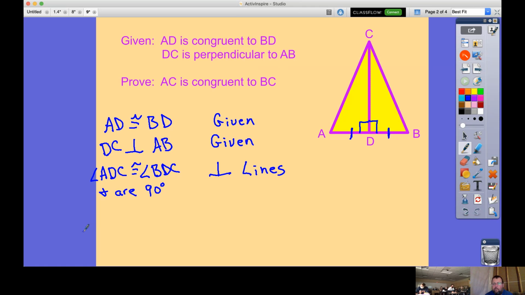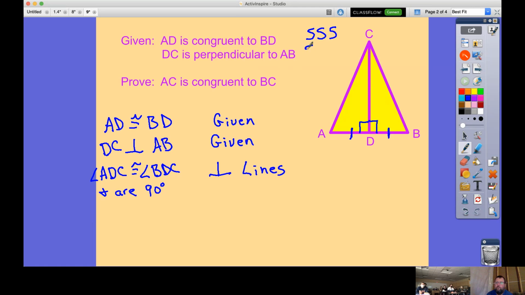Okay? Now, once we have that all written out, your game plan for a lot of these is to prove that one triangle is congruent to the other triangle. Now, there are different ways to prove that they are congruent. We can prove that they're congruent by knowing all three sides are the same.